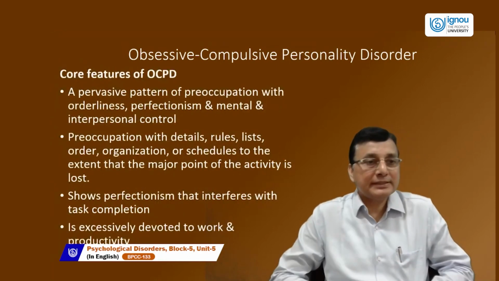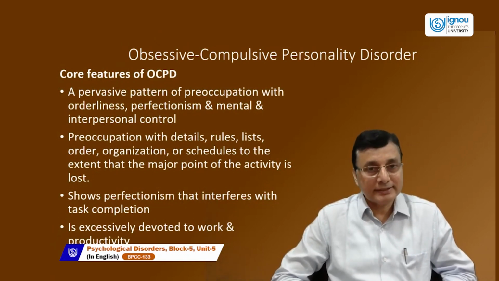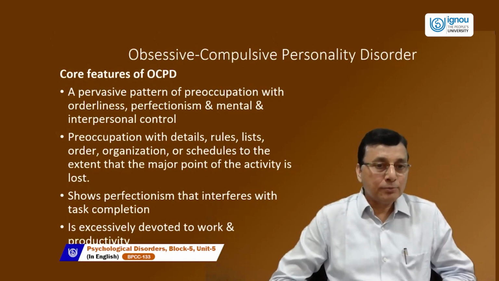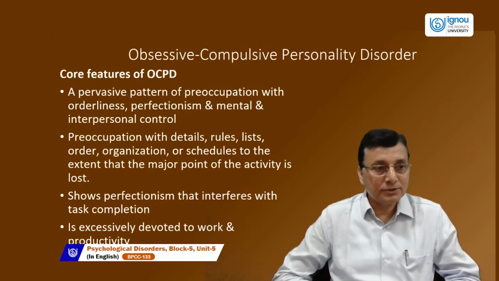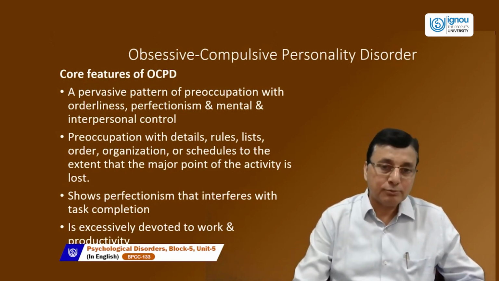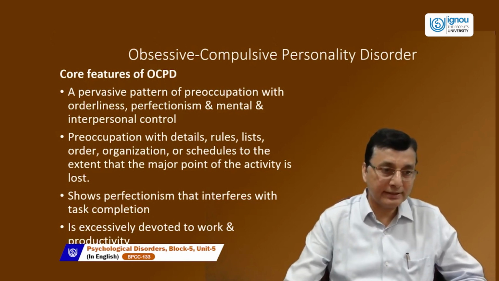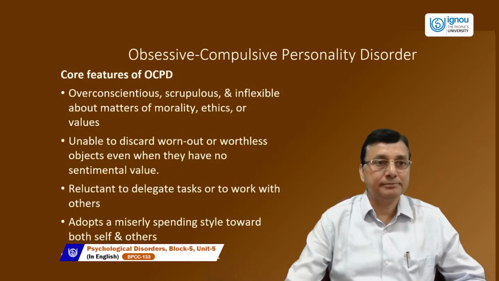So what are the core features? A pervasive pattern of preoccupation with orderliness, perfectionism, and mental and interpersonal control. Preoccupation with details, rules, lists, order, organization, and schedules to the extent that the major point of the activity is lost. Perfectionism that interferes with task completion, and excessive devotion to work and productivity.